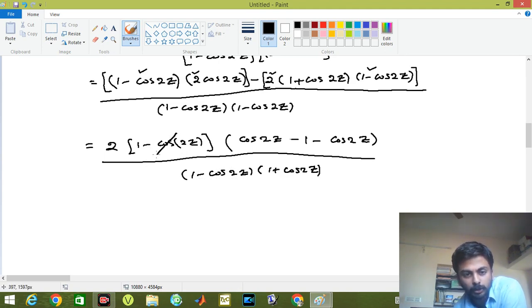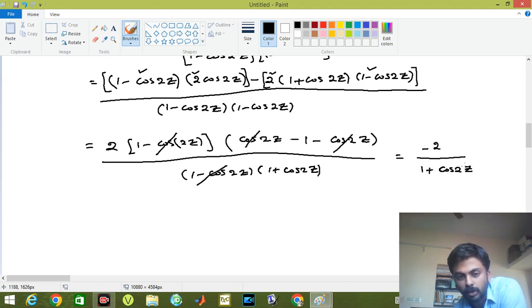So this 1 minus cos 2z and this 1 minus cos 2z will get cancelled. Cos 2z minus cos 2z will get cancelled. So we will get 2 into minus 1, that is equal to minus 2 divided by 1 plus cos 2z.